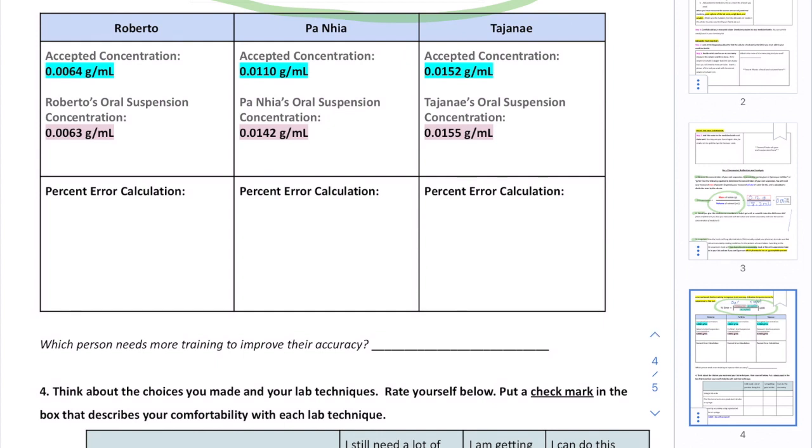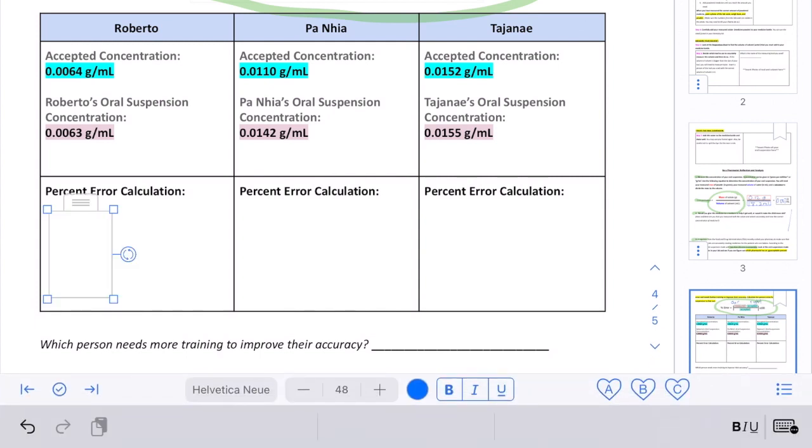That sounds pretty close, but when we're talking about these small numbers, it's hard to tell until we do percent error. So I'm going to type here. His measured is 0.0063 minus 0.0064, and I'm going to divide that by the accepted again, 0.0064, multiply that by 100.